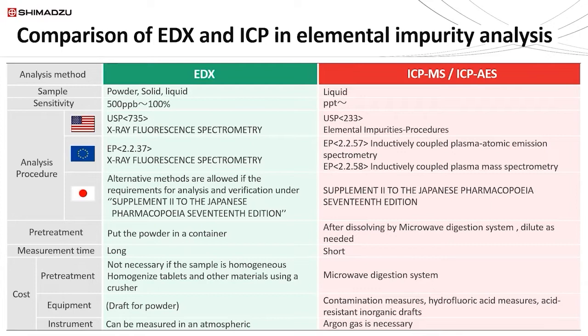It could be like an hour, whereas for ICP-MS the measurement time is short, seconds to minutes. However, when you consider the entire method, which includes the digestion and dilution process, oftentimes the throughput of an XRF method is actually higher than that of an ICP-MS.